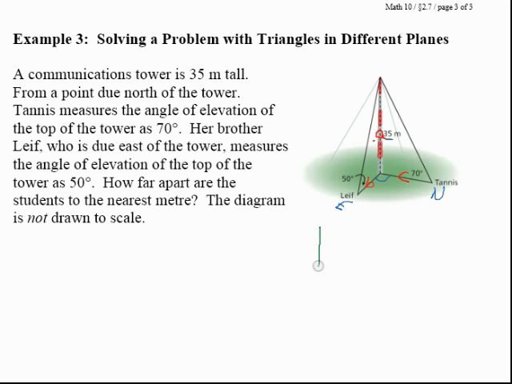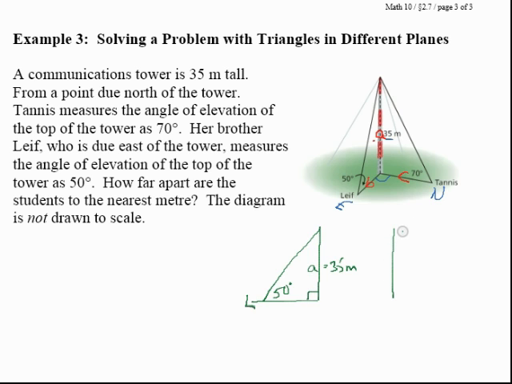There's one triangle that goes like this. This is Leif out here, and this is 50 degrees. And this is side A equals 35 meters. And this is a right angle.